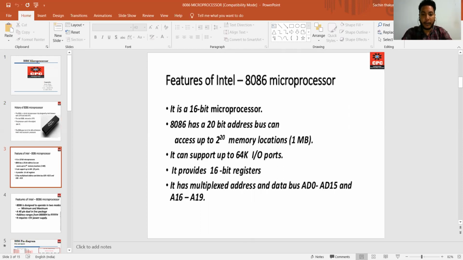Now, before going through the features, we have to know what a microprocessor is. The microprocessor is a multi-purpose programmable device that accepts digital data as input, processes it according to the instructions stored in its memory, and provides results as output.